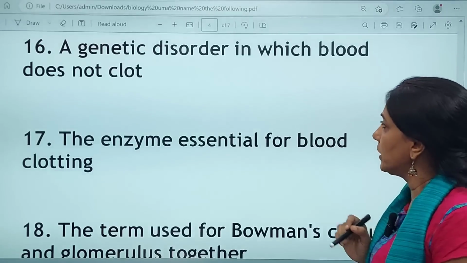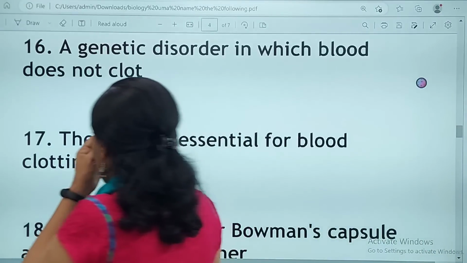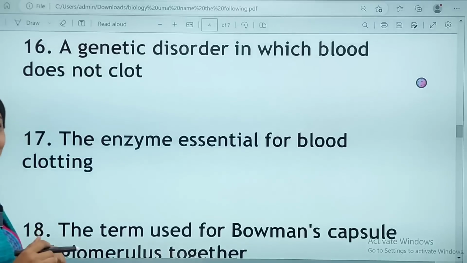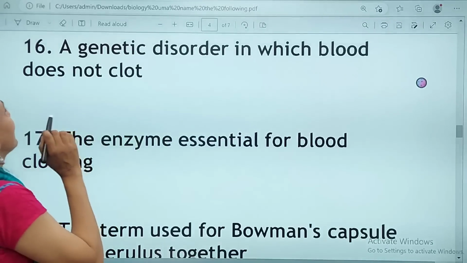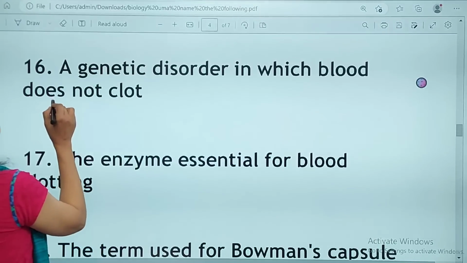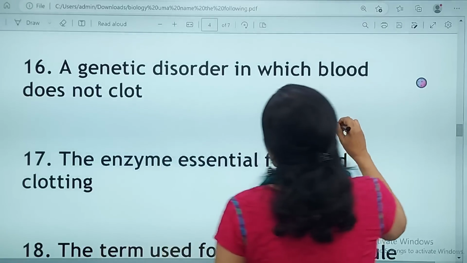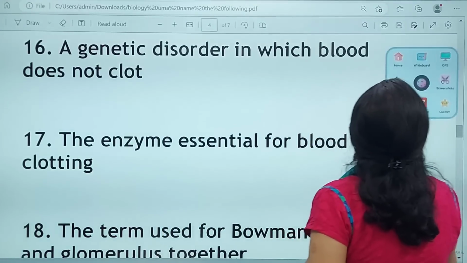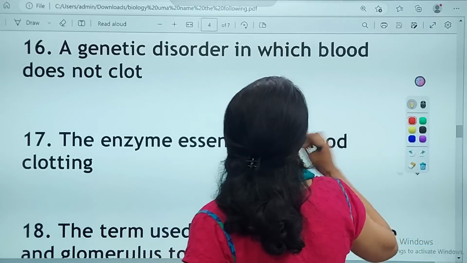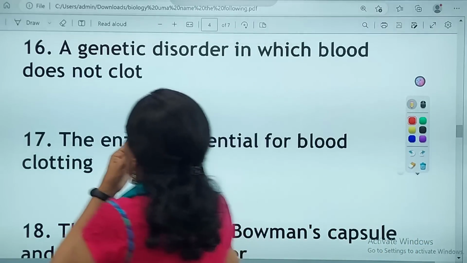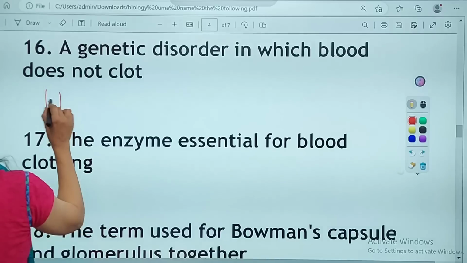Now, the next one, a genetic disorder in which blood does not clot. Yes? Genetic disorder in which blood does not clot. So, it's called hemophilia. Let me just put that down for you so that the spelling here again is important. Hemo, as you know, can be spelled with an H-A-E or H-E.